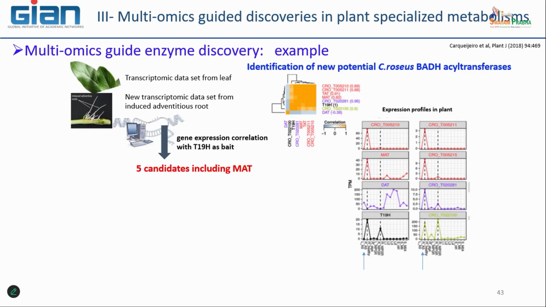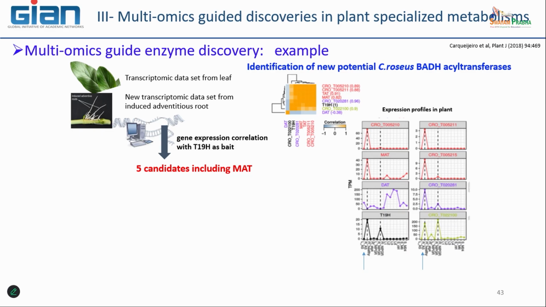And what we have done, we have taken the 4 other candidates, and we have developed a study to see where they are expressed, because we have taken all the transcriptome, including leaf, roots, and so on. So we also looked at in which organs these 5 transcripts are really expressed.